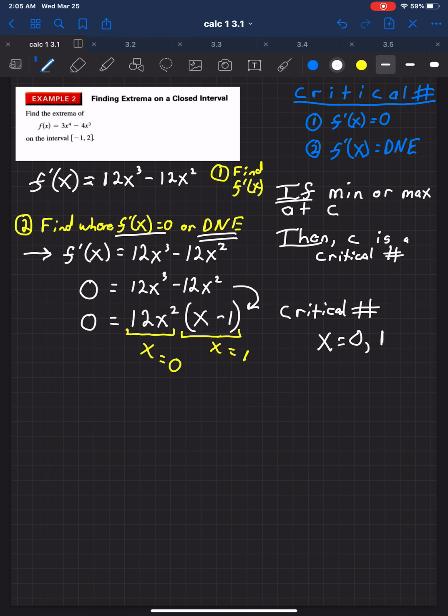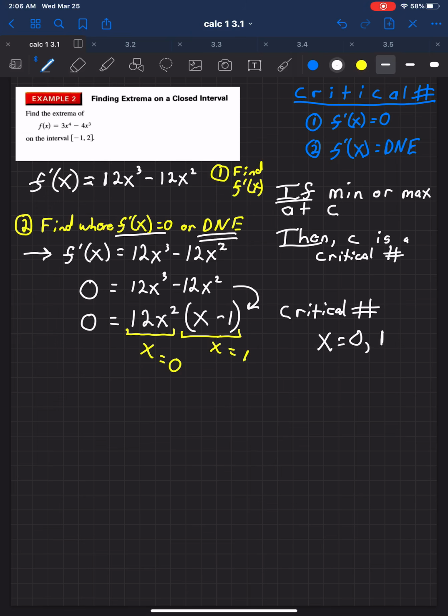Well, no, because for your derivative to not exist, that would mean that you would be trying to divide by 0 or trying to take the square root of a negative number. Don't you agree with me that there's no fractions here? You don't have to worry about dividing by 0. There's no radicals. We don't have to worry about taking the square roots or even roots of negative numbers.